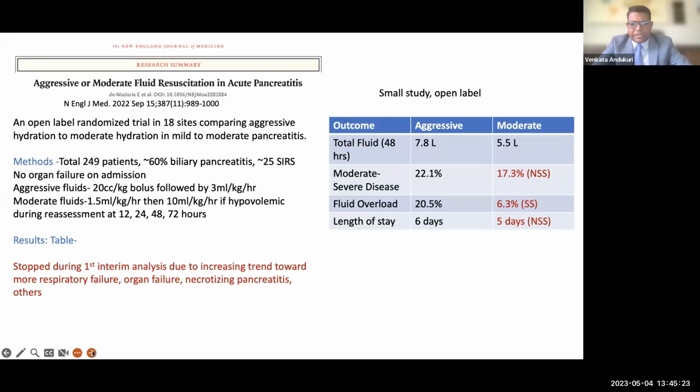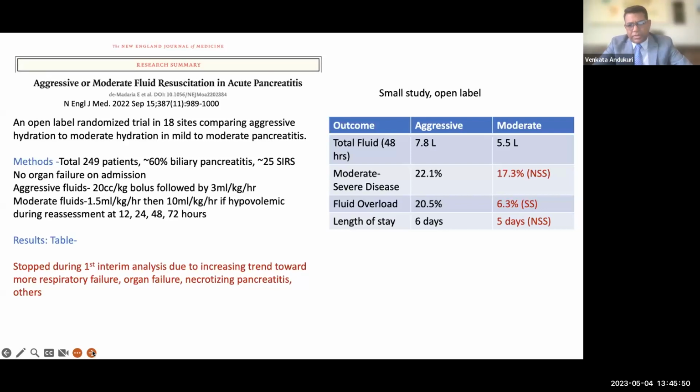These are the results. As you can see, the total fluid after 48 hours was more in the aggressive arm, and the moderate arm had 5.5 liters. Moderate to severe disease was 22.1% in the aggressive arm, and the moderate arm had only 17.3%. This was not statistically significant, but you can see that we had more severe disease in the aggressive arm.